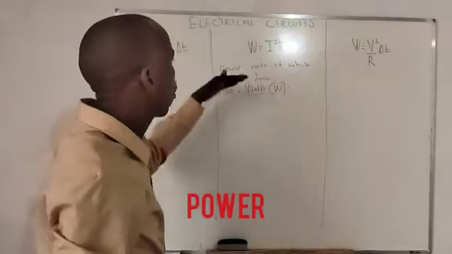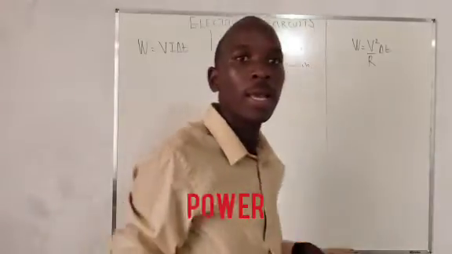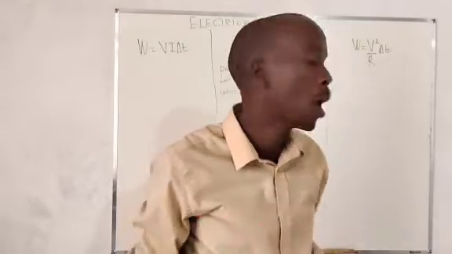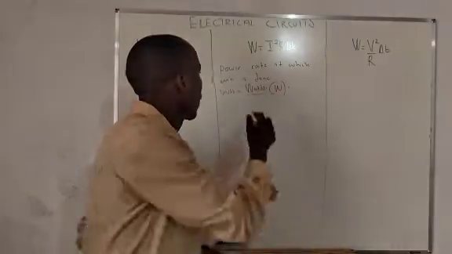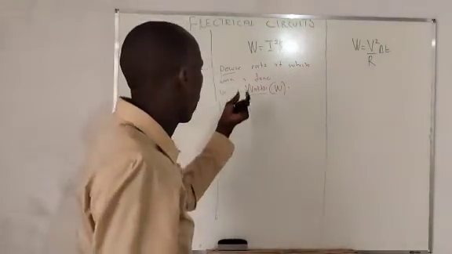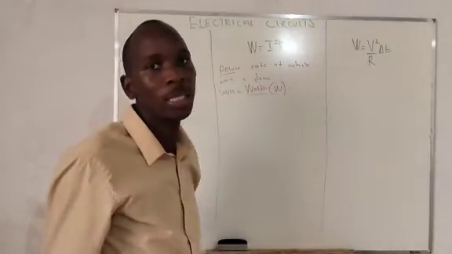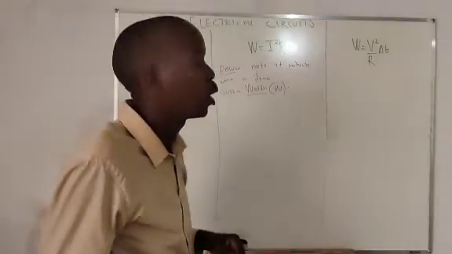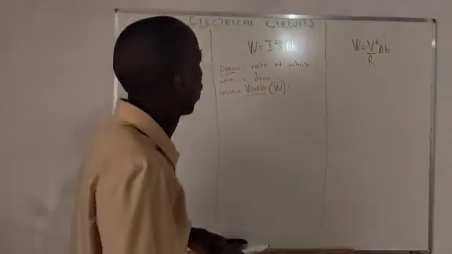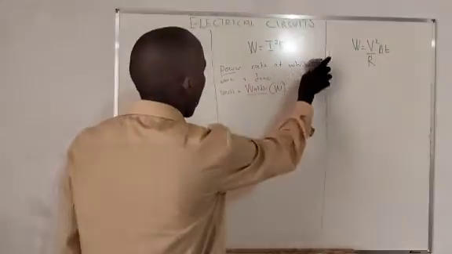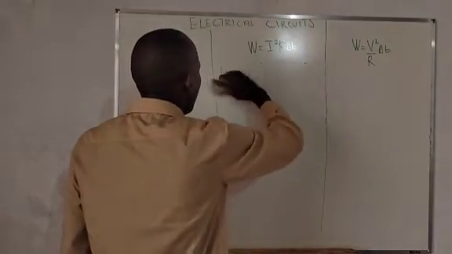Remember, from the concept of work, energy, and power, power is the rate at which work is done. Power is measured in watts, capital letter W. So let us see how we can derive the formula of power from the following three formulas.